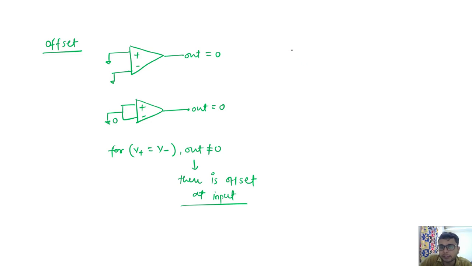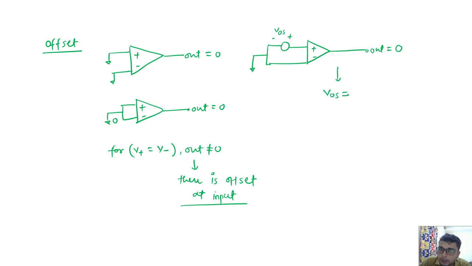What does it mean by referring to the input? It means simply, if my inputs are still at 0, and by adjusting a voltage, which I call V offset, if I am able to make my output 0, then I can say this offset is nothing but that voltage.